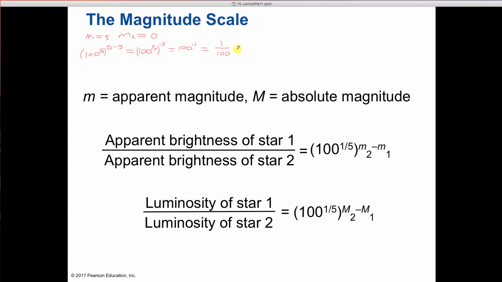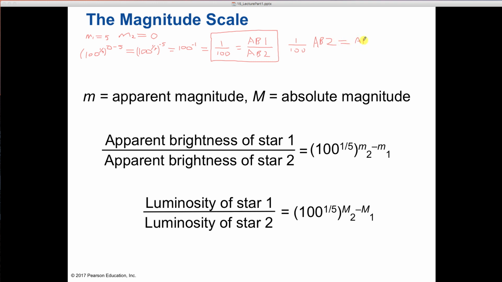So I can write this as AB1 divided by AB2, apparent brightness of star 1 divided by apparent brightness of star 2. And if I take this equation and multiply both sides by AB2, I get that 1 over 100 times AB2 is equal to AB1.